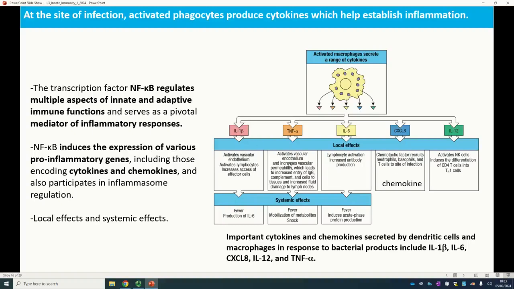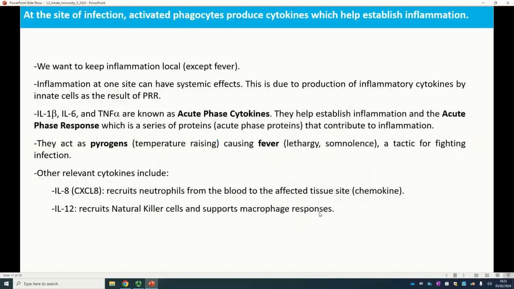So if we focus on these three cytokines here, these are our acute phase cytokines. Now, as we mentioned earlier, we want to keep inflammation localized, except in the instance of fever when we actually need it to be systemic. But in order to avoid damage to the rest of our tissues, we want to keep inflammation localized.